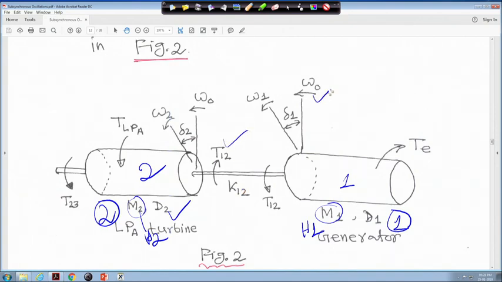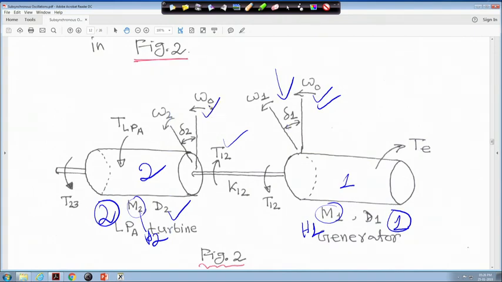This is omega 0, and this is omega 1. The deviation between omega 0 and omega 1 is delta 1. Omega 0 is the rated speed, but we are assuming that it cannot be exactly at rated speed, as it is not ideal, so some variation will be there. That is why this angle is delta 1.